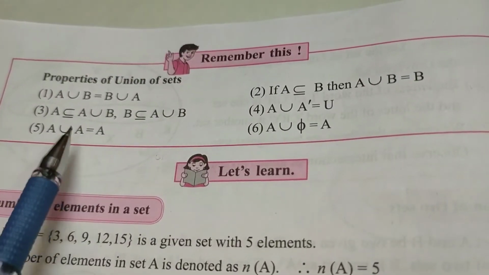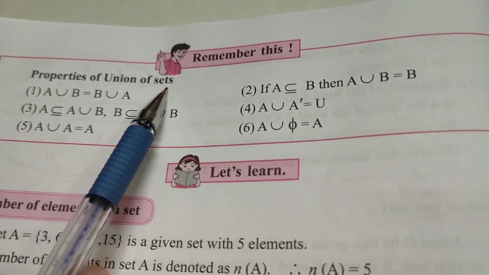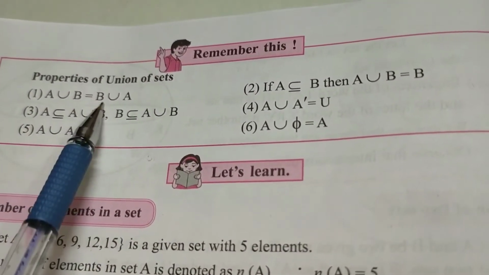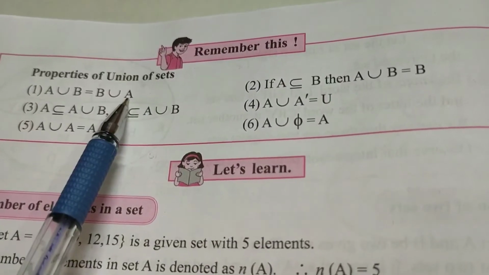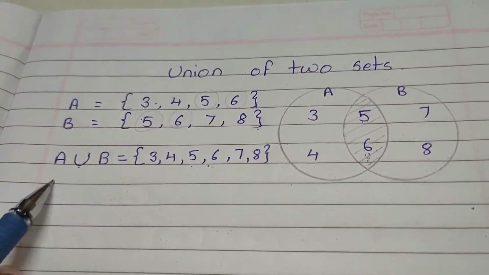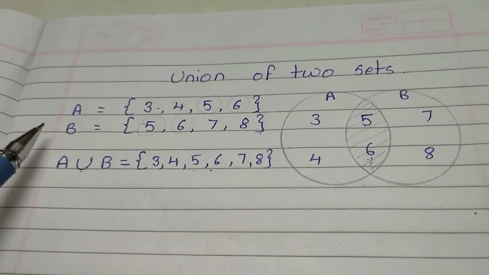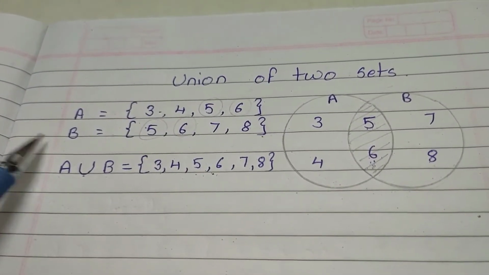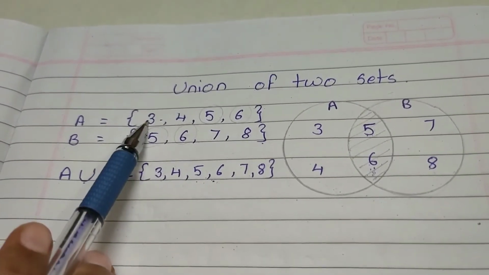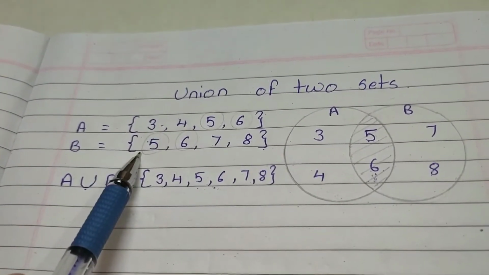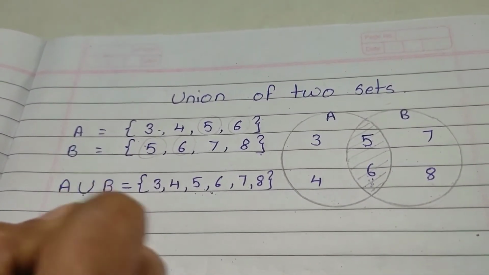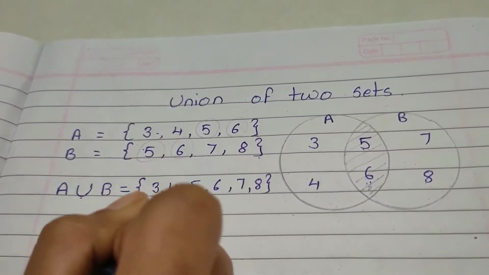Let's learn the properties of union of sets. The first one is A union B is equal to B union A. So let's come back to our previous example. Here we had set A and set B, and we found A union B, meaning all elements present in sets A and B. If we want to find B union A, what will be the answer?